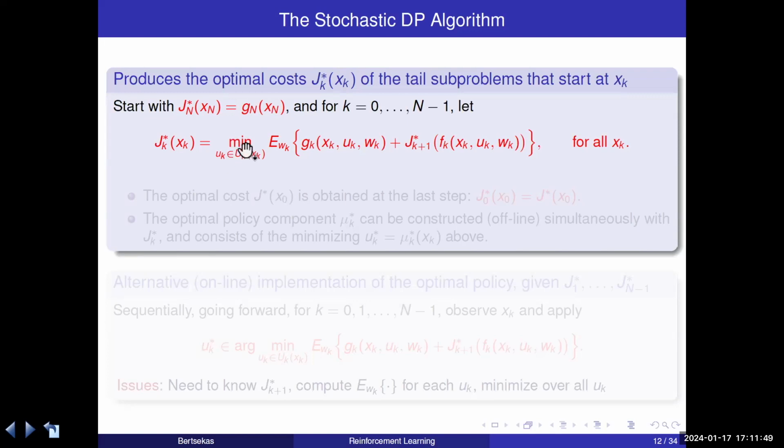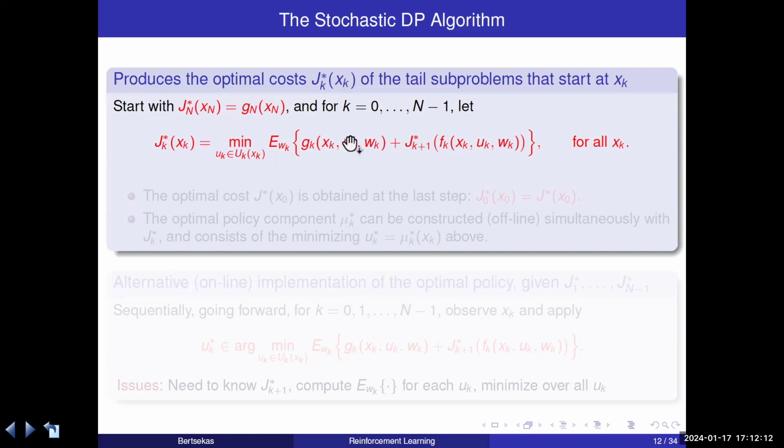It minimizes over all possible controls the cost of the current stage, plus the cost of the remaining stages, assuming that we act optimally. However, this number here is random because of the dependence on W, so we take the expected value.